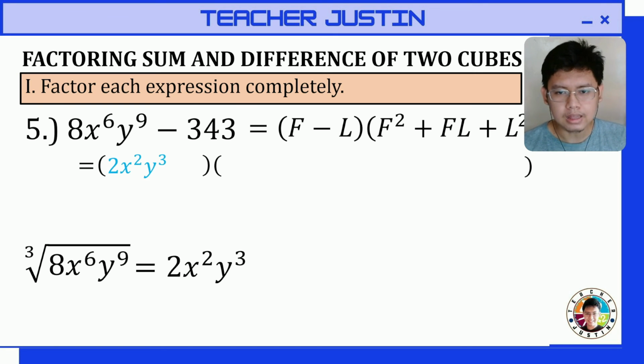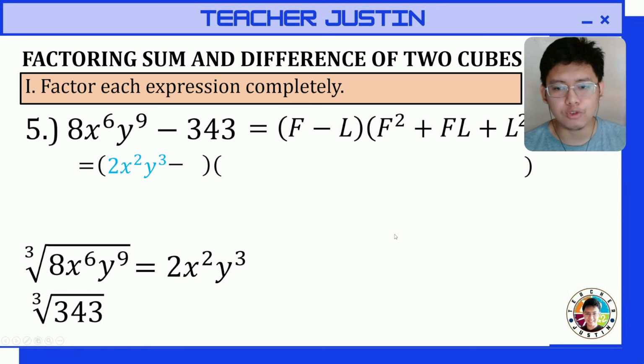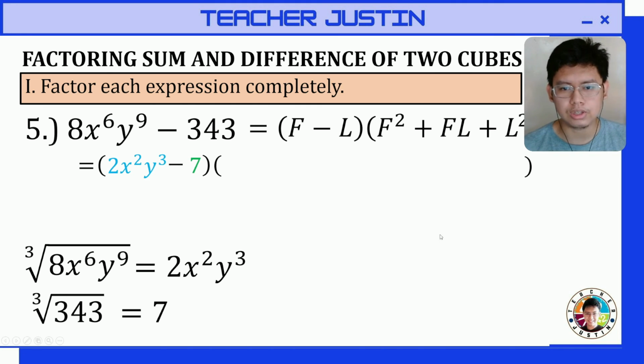Okay? Then, kopyahin natin yung minus symbol. Okay? Kasi same as the pattern no, sinusundan natin. Tapos yung L natin is the cube root of our last term, which is getting the cube root of 343. Now, the cube root of that is equal to 7. So, lagay natin dito yung 7.